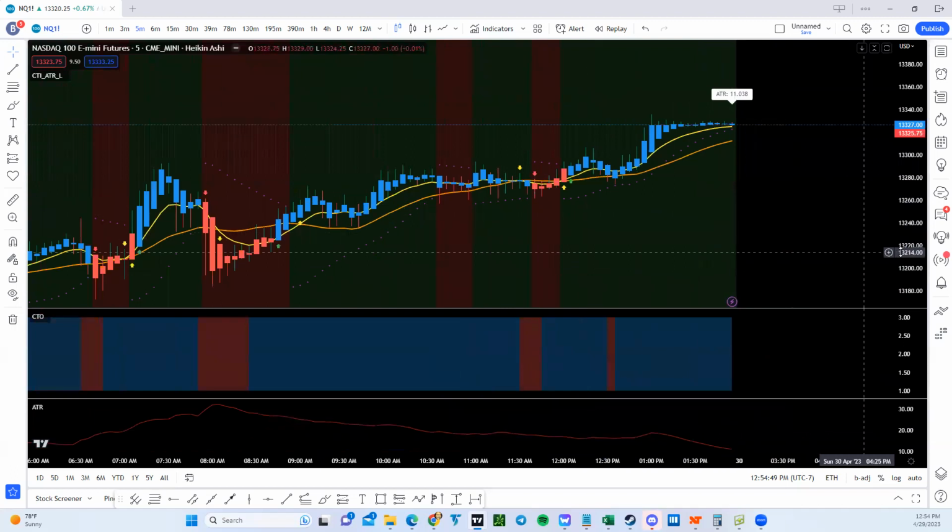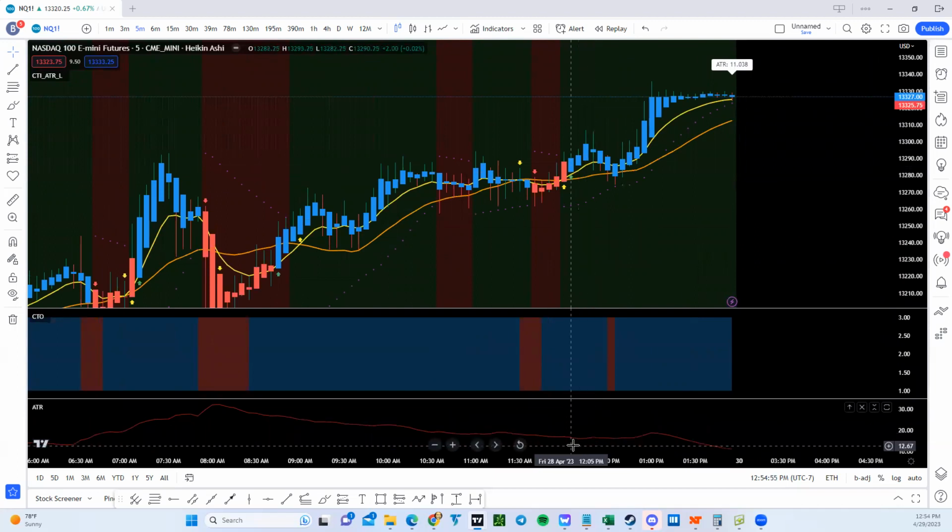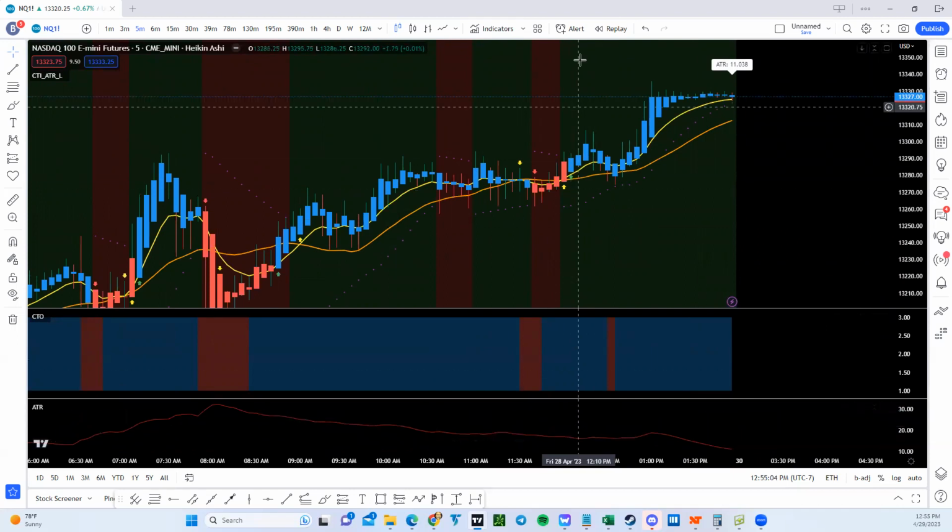Let's say we entered this trade here, re-entered this trade here. Well, we see at that point that our average true range is 16.15. So that's the range that the market will move within this time frame.